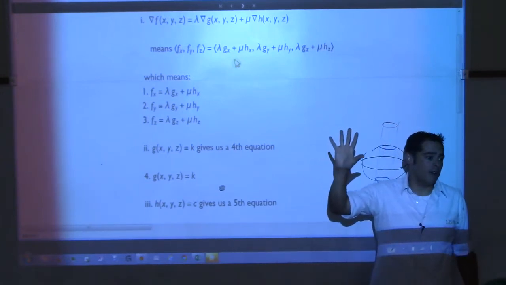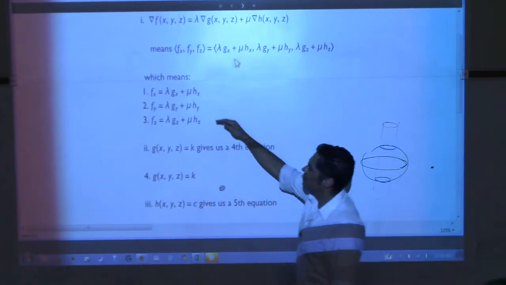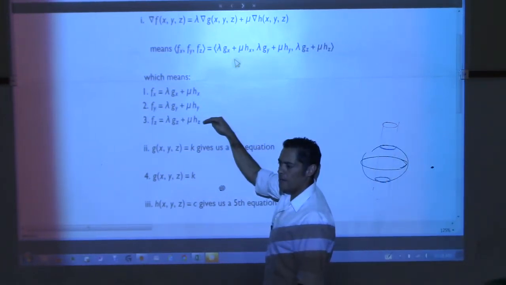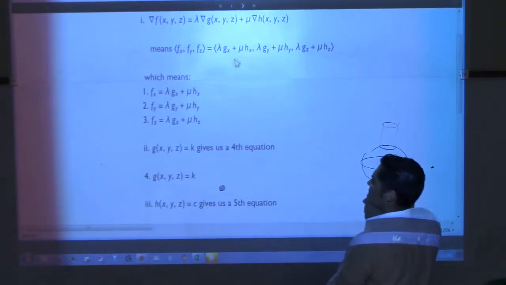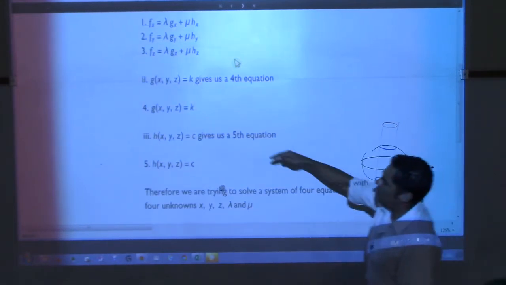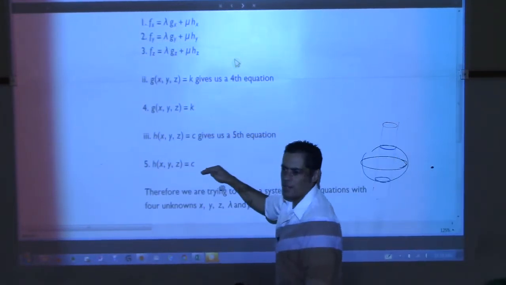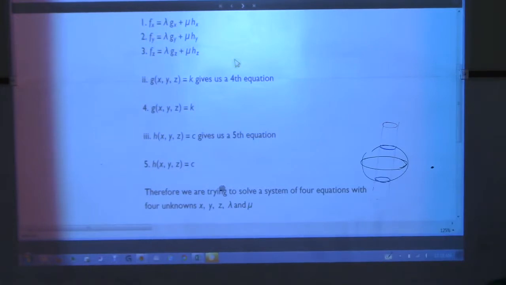You have 5 variables, right? We need 5 equations. The first 3 are still there, right? Those are the same. But now 2 constraints, your first constraint equation and your second constraint equation give you your 4th and 5th equations. So there's just more variables in there, all right?